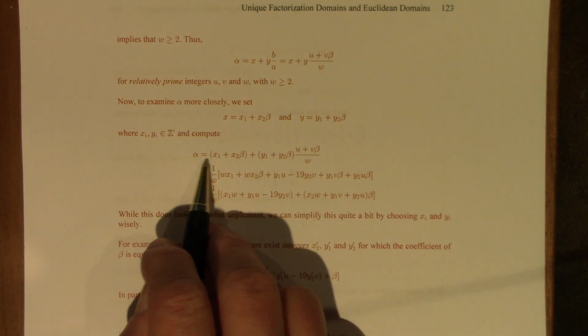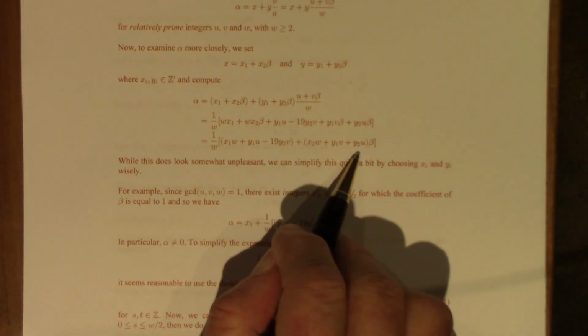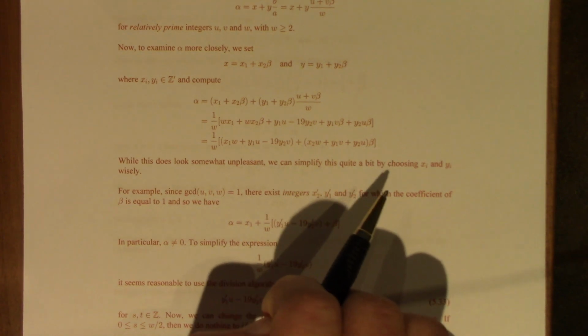Okay. So that's what the computation looks like. And now we're depressed, because this looks terrible. But if you stare at it for a few moments, you may see something quite surprising.